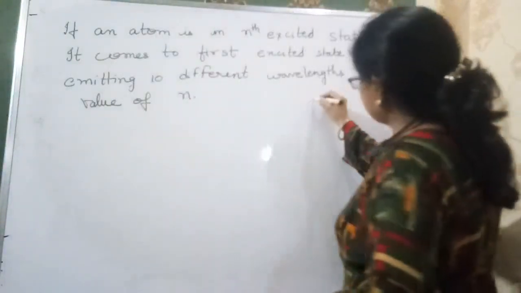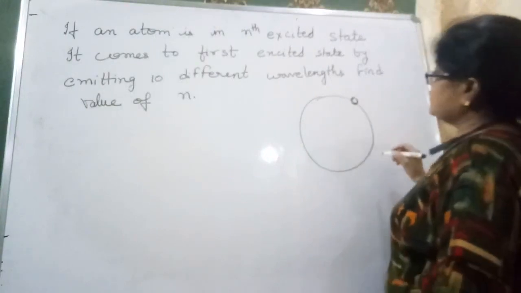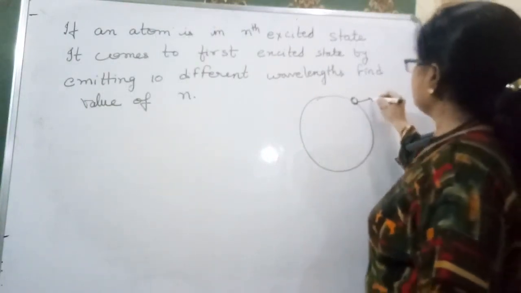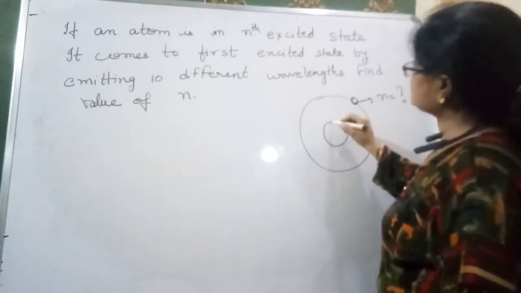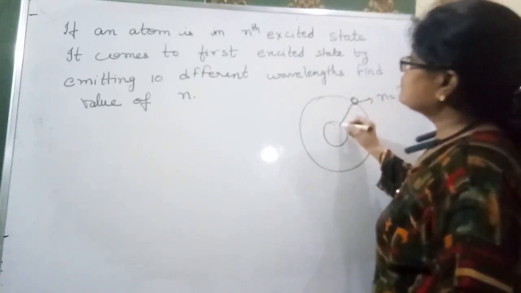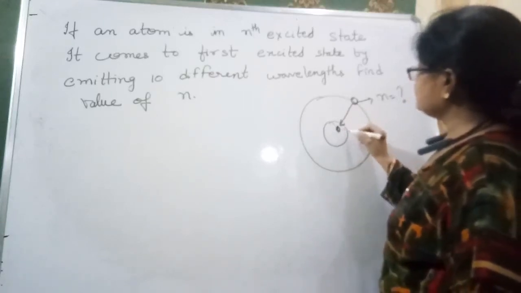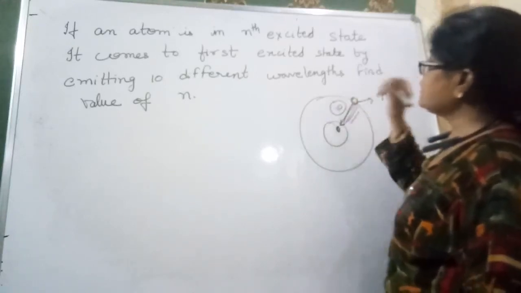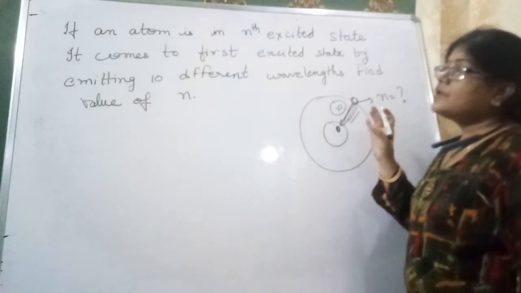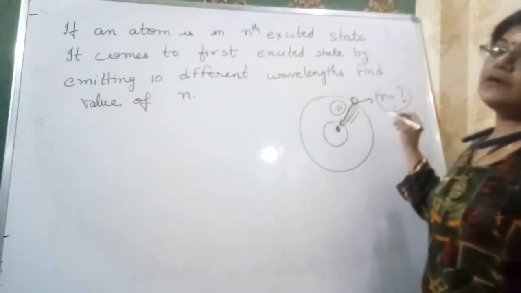That means there is an atom in an orbit, and we don't know in which shell it is, and it comes to the first excited state, and in this way it emitted 10 different wavelengths. So we have to find in which orbit it was earlier.